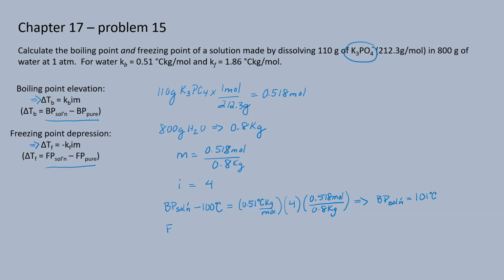So if we do the same thing with our freezing point, we want to realize that at 1 atmosphere, the freezing point of water is 0. We use the freezing point constant. Same i, same molality.